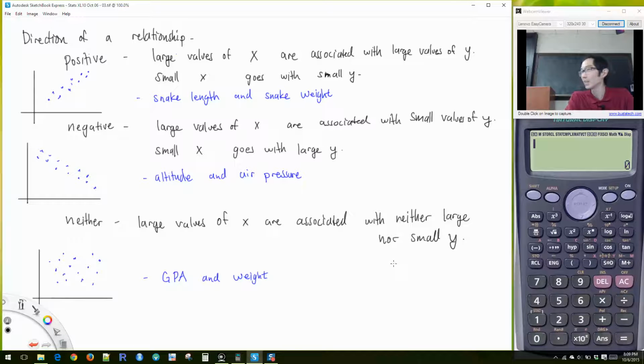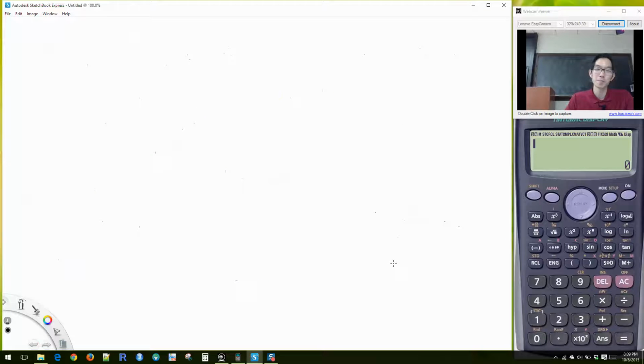Next slide, here it comes. Okay, we can also talk about the strength of a relationship. The strength of a relationship gets into the idea of how much spread there is in our data.